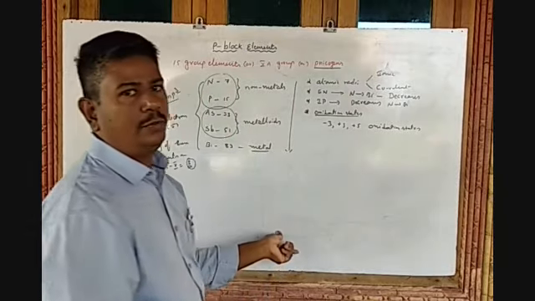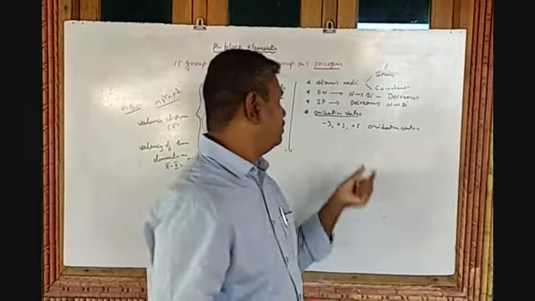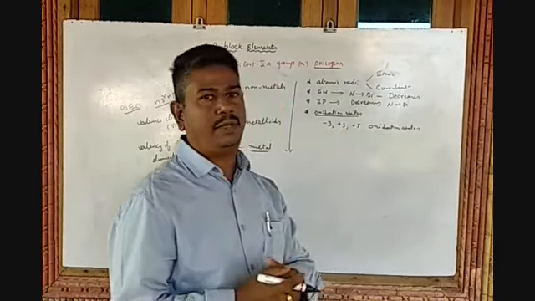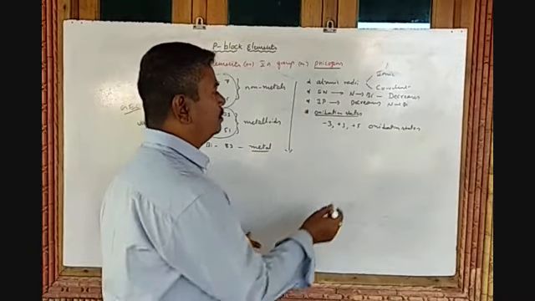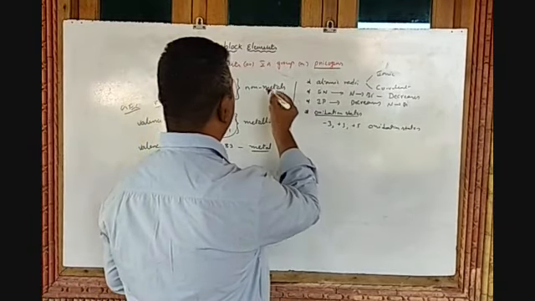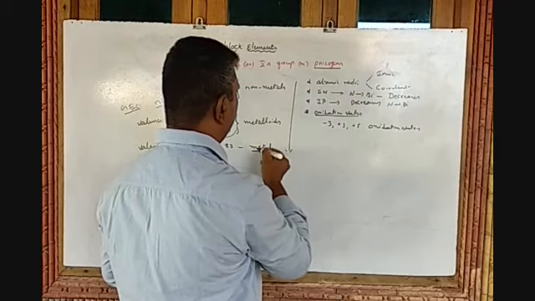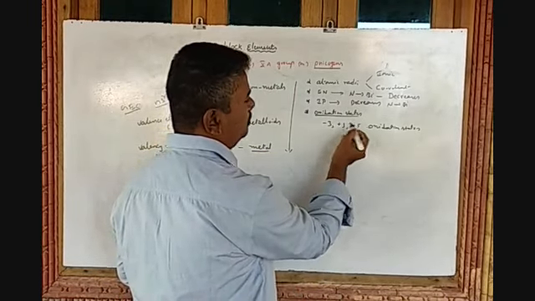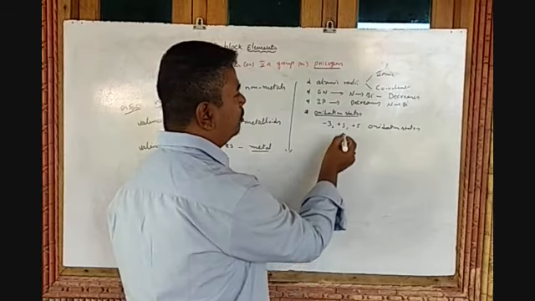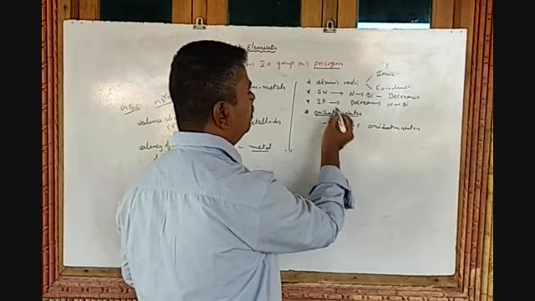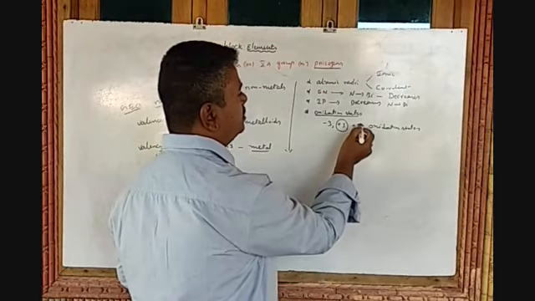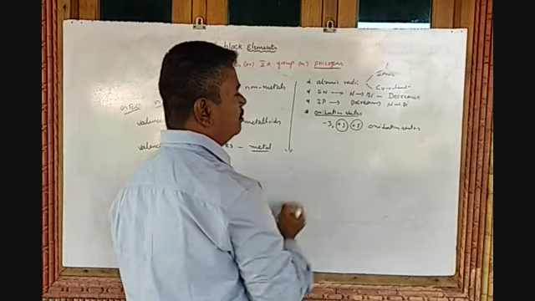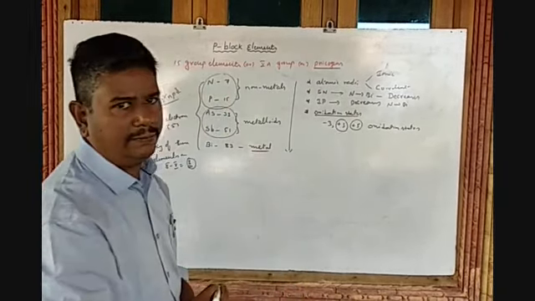While moving from nitrogen to bismuth, it shows -3 to +5. The +3 is more stable, the +5 compounds are unstable, and likewise the -3.